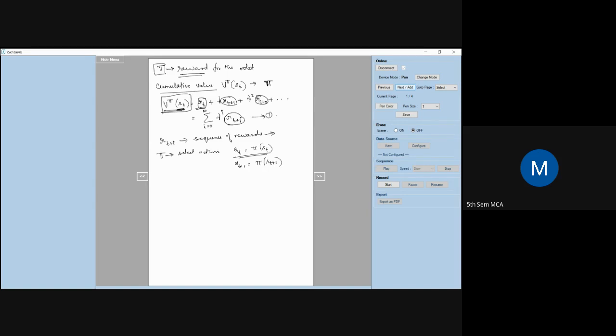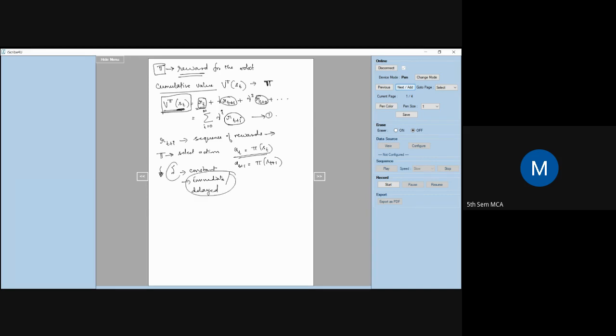Now, here we have used a constant which is called gamma. As I said, it is a constant value. This is going to determine whether your reward is immediate or a delayed reward.